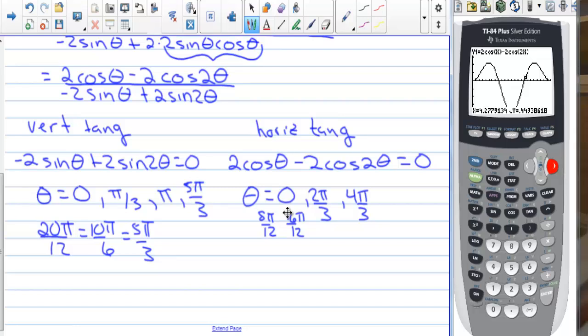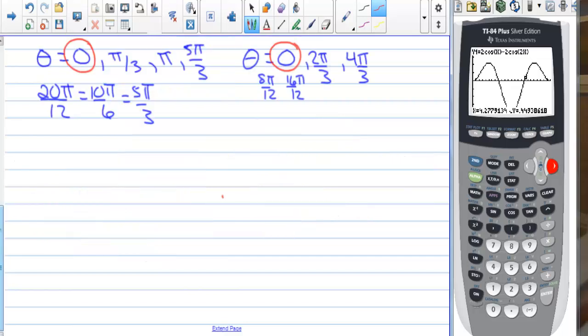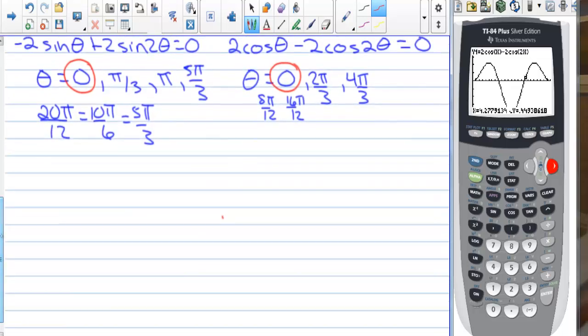Well, we kind of have a problem here. We can't have a vertical tangent line and a horizontal tangent line at 0, so we're going to try to figure out which one it actually is. So we want to find out, is this tangent line approaching vertical, or is it approaching horizontal as we go around this curve?